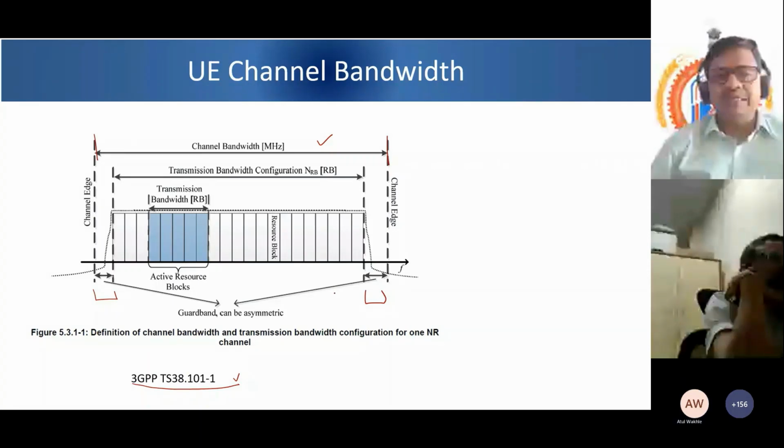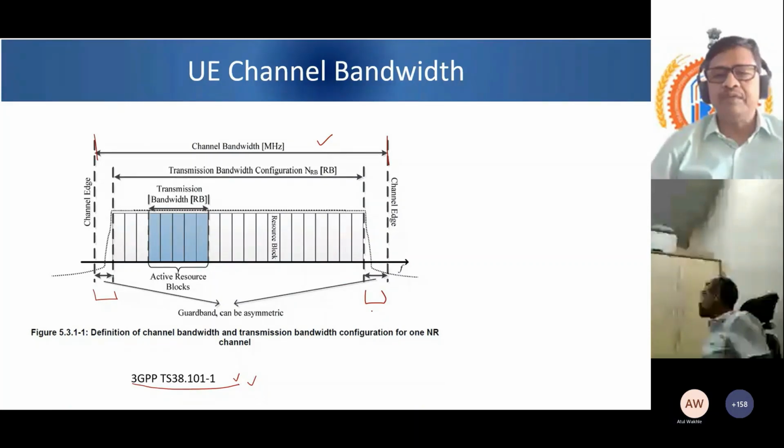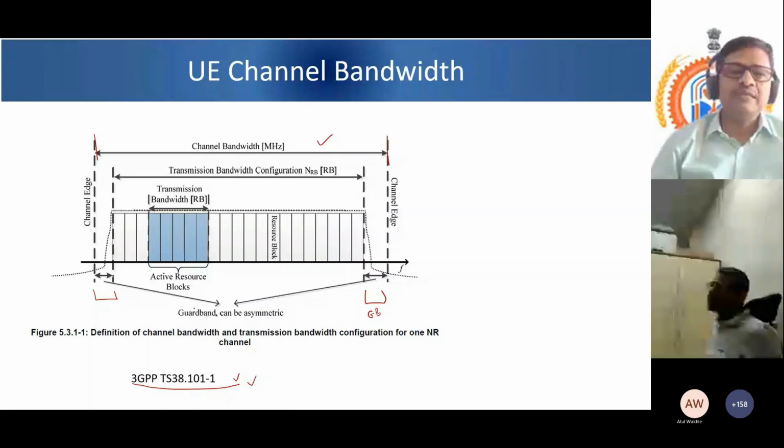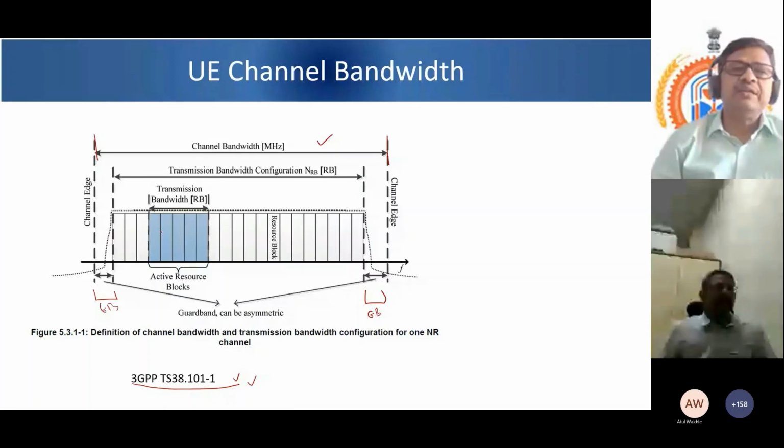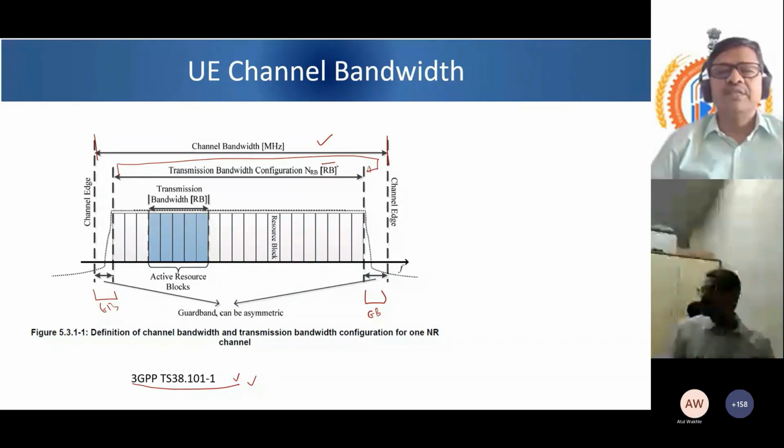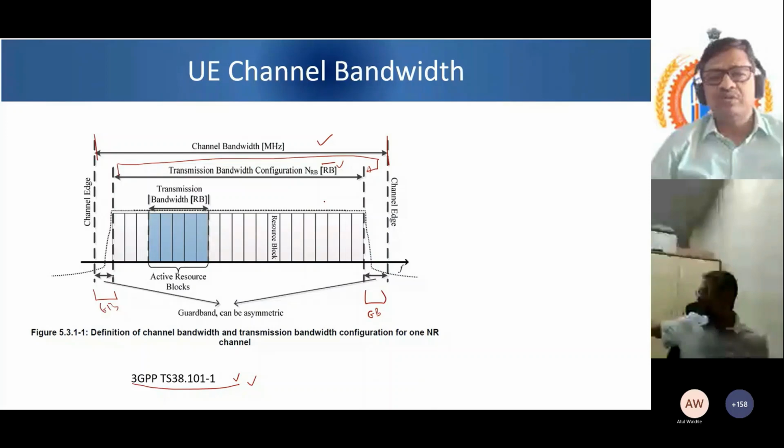These guard bands are already defined by 3GPP in their standard, and I'll show those charts in the upcoming slides. If you remove the guard band from both sides, whatever is remaining is called transmission bandwidth, which will consist of a certain number of resource blocks.